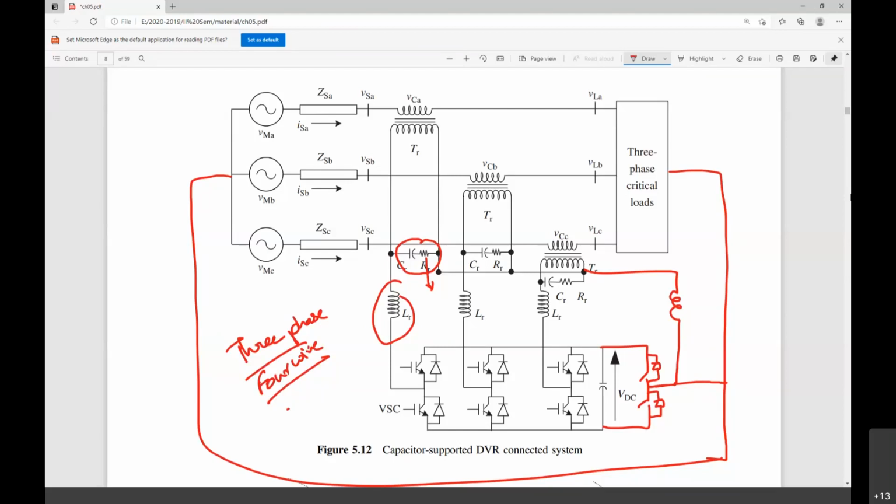Only thing is this particular leg which is there is providing a path for a zero sequence voltage alone. Okay, zero sequence voltage alone. That's it. I'll give a clear cut idea about the topologies for a three-phase four-wire system in the next coming class.